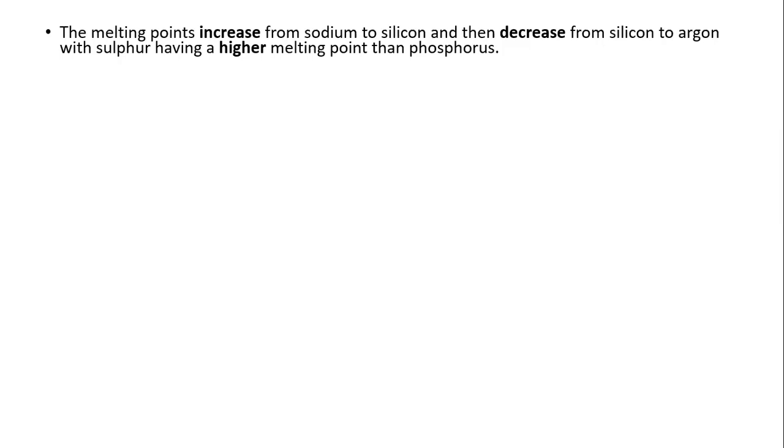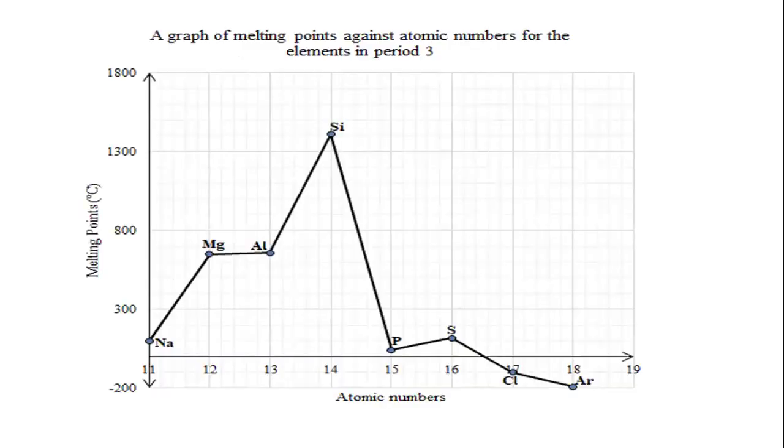Then we need also to describe them independently: metals, silicon, which is a metalloid, and then non-metals. As I've told you here, we describe these ones independently, silicon independently, and also these ones here independently.